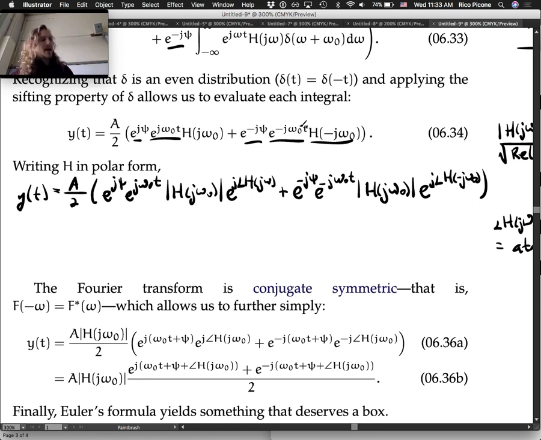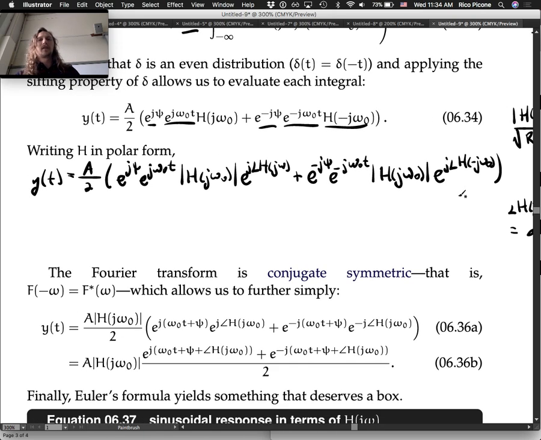Now, the angle of h of negative j omega naught is the conjugate. Well, we can simply take the negative of the angle instead of the negative of the argument. And so we can pull this negative sign out.